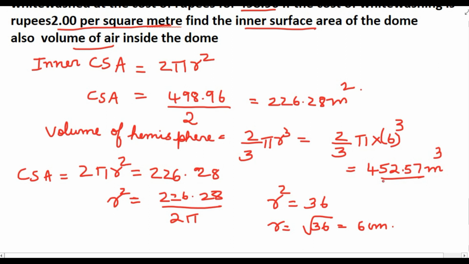So this is the volume of the hemisphere, and the inner curved surface area is 226.28. They have not given the radius, so we used the total cost of whitewashing divided by the cost of whitewashing per square meter.